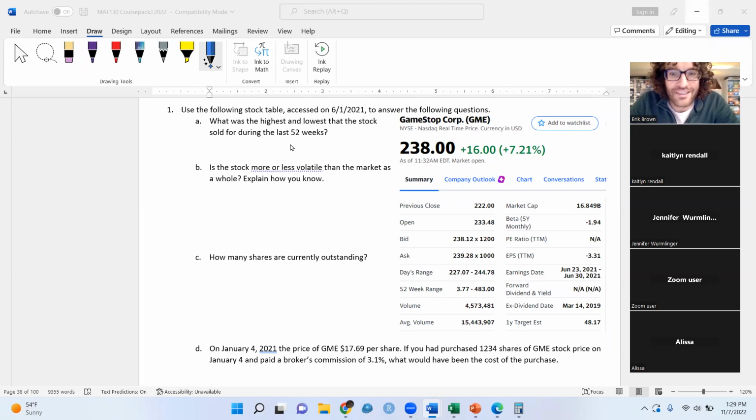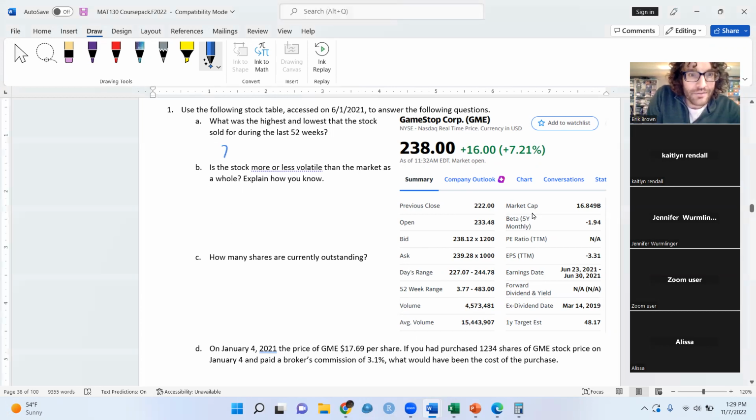Okay. What's the high and low of the stock in the last 52 weeks? Look at that insanity. In a 1 year period, this stock went from $3.77 to $483. Did you all remember GameStop?